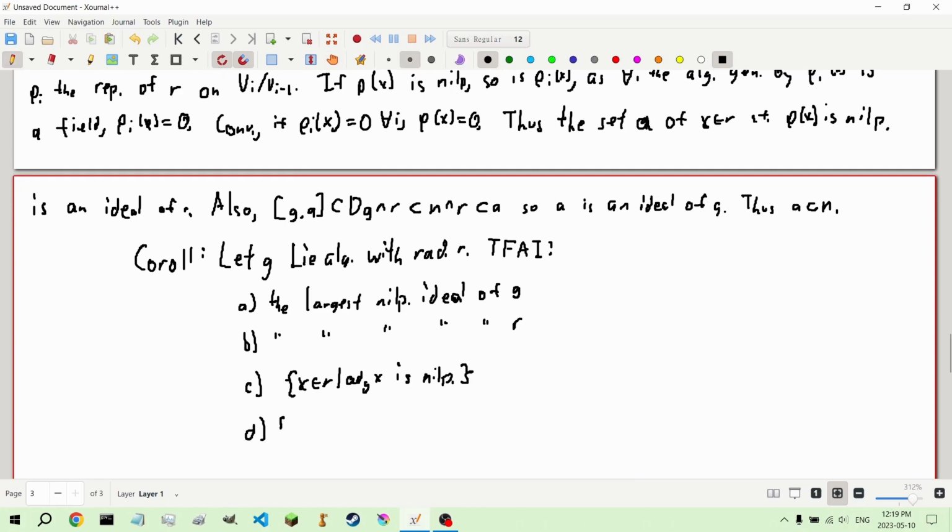D: the set of X in R such that the adjoint of X on R is nilpotent. And these are our 4 equivalent sets.